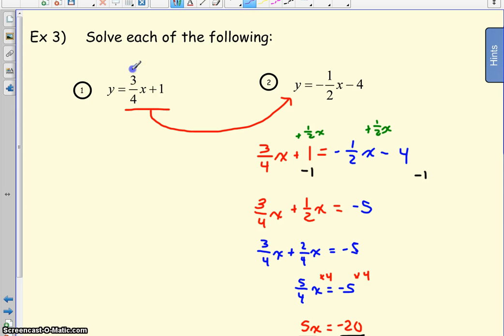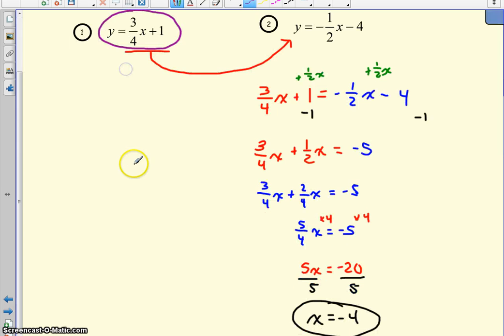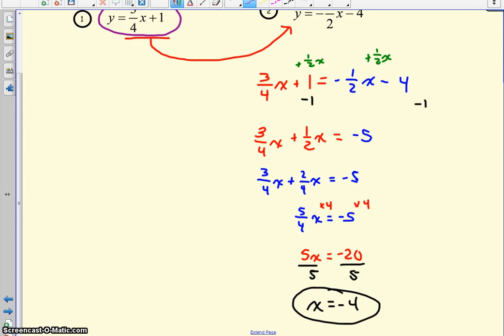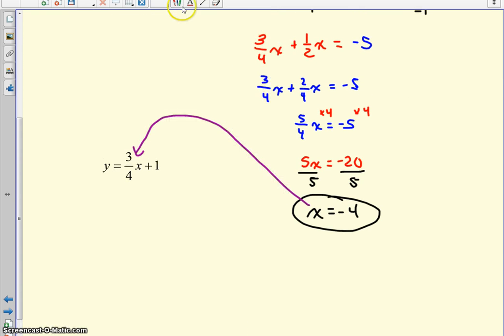Okay, so you can use either one of these two equations you like. I personally am going to choose this one. I think it's easier to work with because there's no negatives hanging around. So I'm going to take that equation, bring it down here, and I'm going to substitute that value for x into here. So I get 3 over 4, x is now negative 4, plus 1.